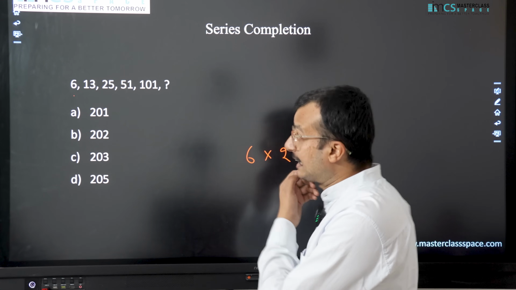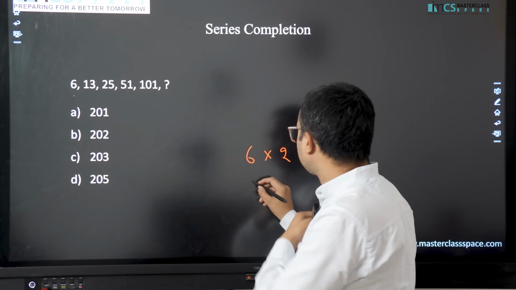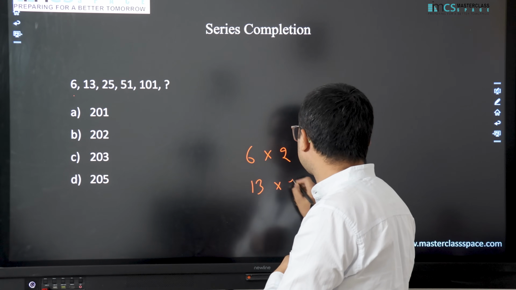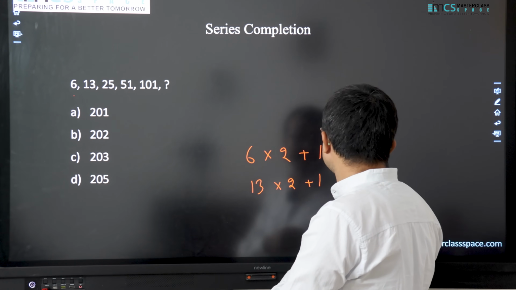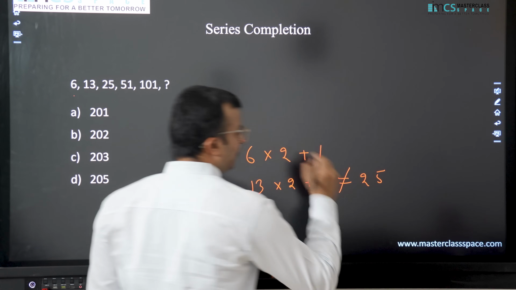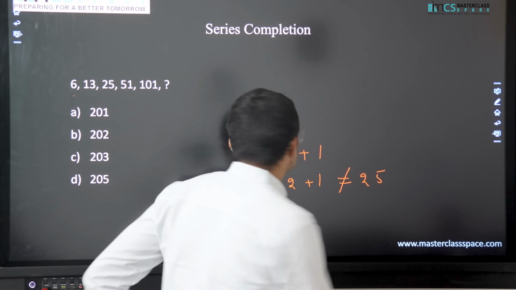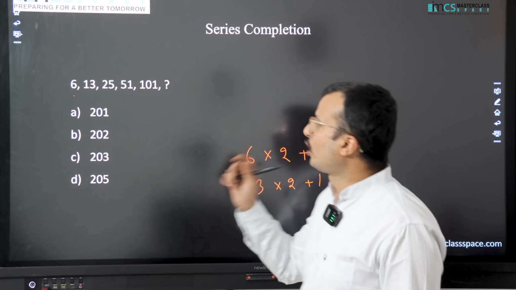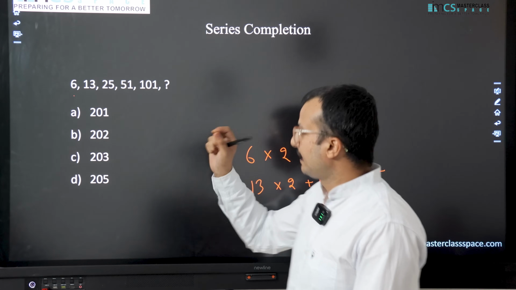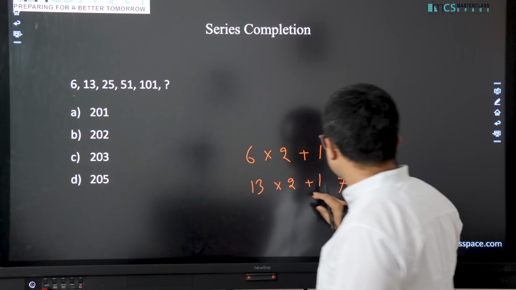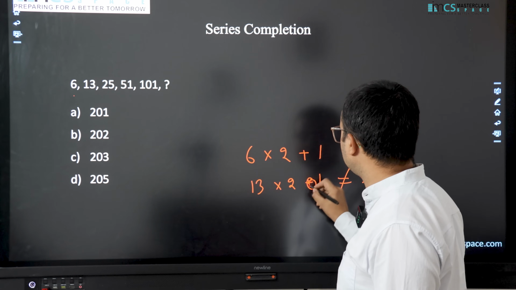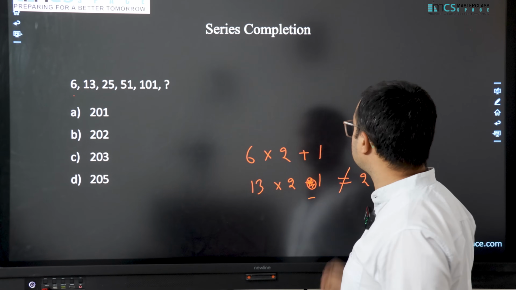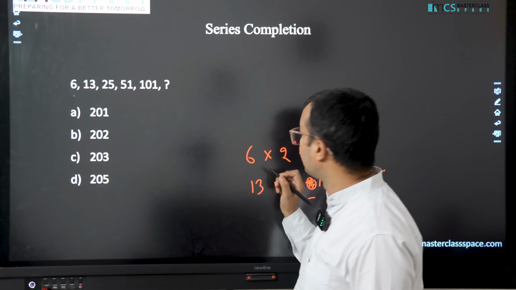However, using the same logic, can you get 25? Can 13 into 2 plus 1 give you 25? It doesn't, right? So what it means is that this series is not as simple as you think. But interestingly, if instead of this plus, if you make it minus, then yes, it is equal to 25.